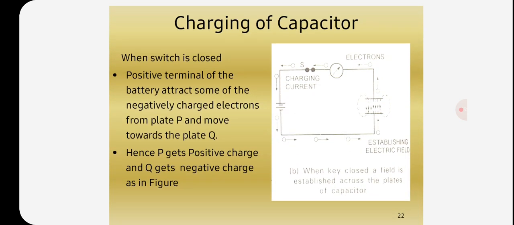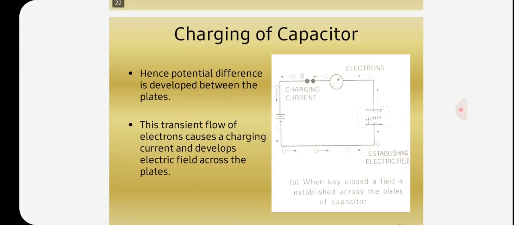Here, when the switch is closed, the positive terminal of the battery attracts some of the negatively charged electrons from plate P and they move towards plate Q. Hence, P gets a positive charge and Q gets negatively charged. Hence, a potential difference is developed between the plates.